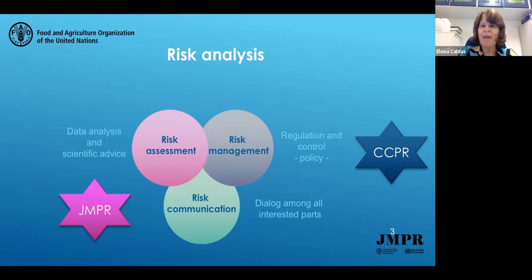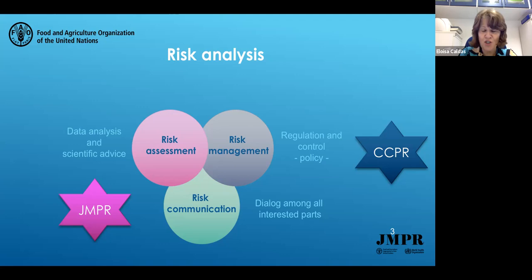And then we pass the information, in this case the MRL recommendations. Again, we first estimate, then we recommend and send it to the CCPR. And the CCPR, as a manager within this risk analysis process, makes the decision. At national level, who makes the decision depends on the government structure.